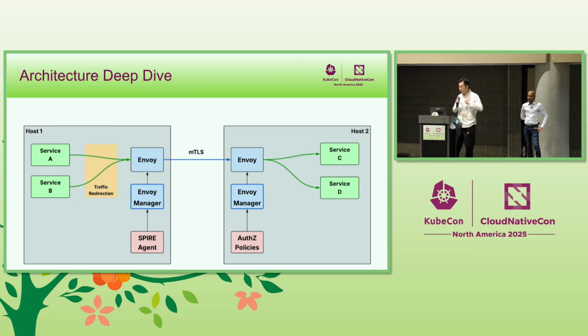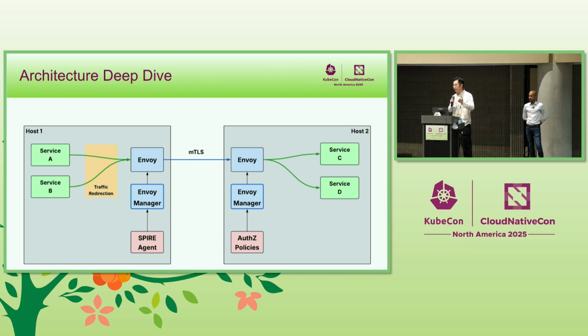We also built a layer between the service and the Envoy to transparently redirect the traffic from the service to Envoy. As we mentioned before, we do not want the service owner to make any code and configuration changes. So how do we get that traffic from the service to the Envoy? We rely on this traffic redirection layer.